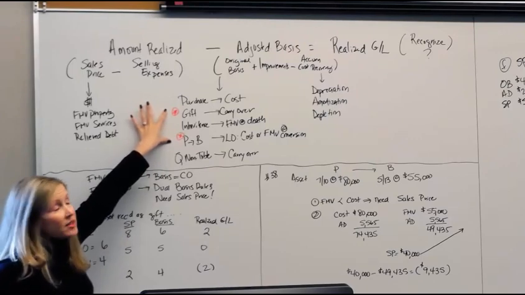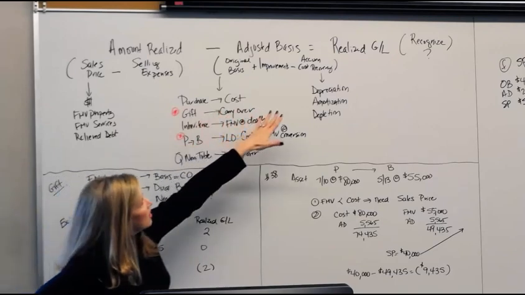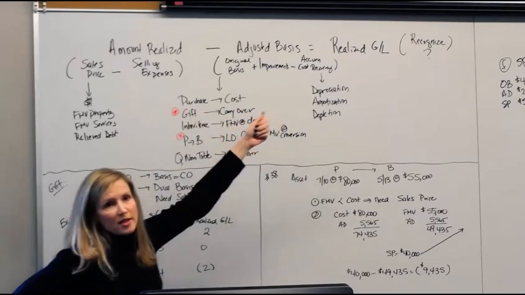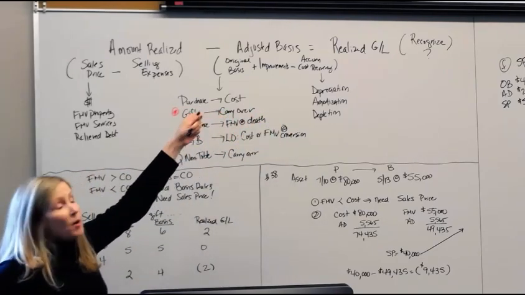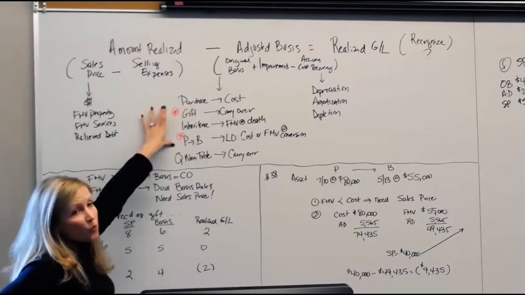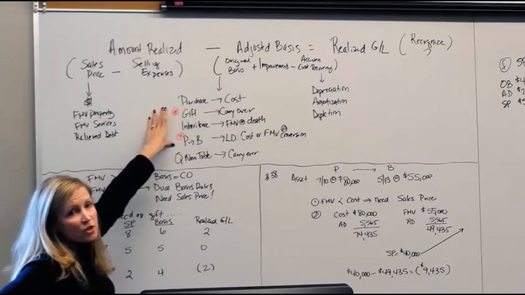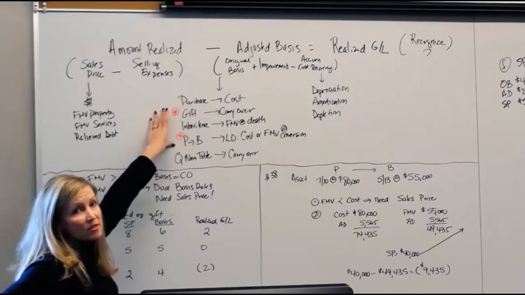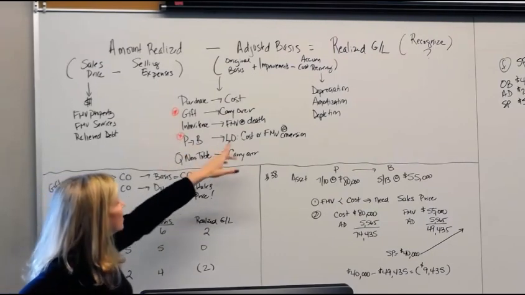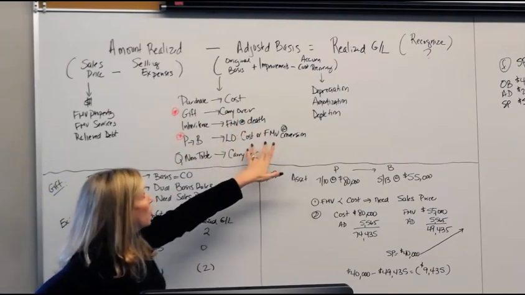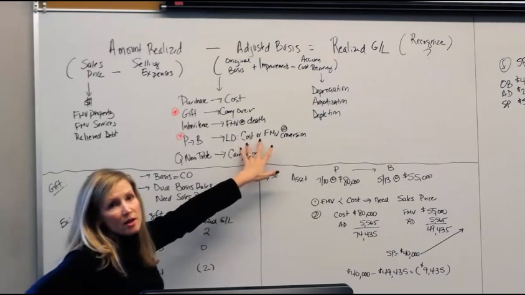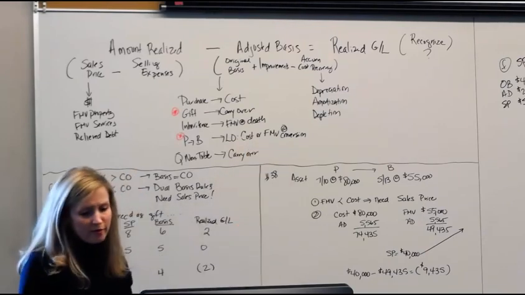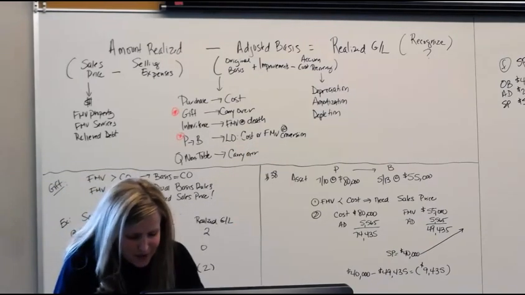When we go to sell our assets, we reduce the amount realized by the adjusted basis. There are two assets here where the rules may change for purposes of selling the asset. Meaning, we may not necessarily use carryover, or we may not necessarily use the lower of the cost or fair market value.